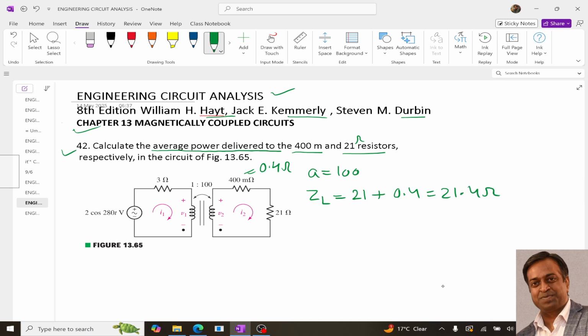Once we get this, we can determine Zn. Our Zn is going to be ZL upon A squared, which means 21.4 upon 100 squared. So this is 21.4 times 10 to the power minus 4 ohms.